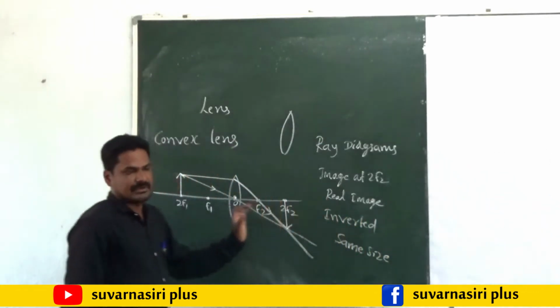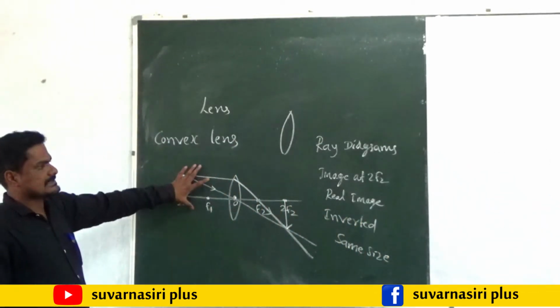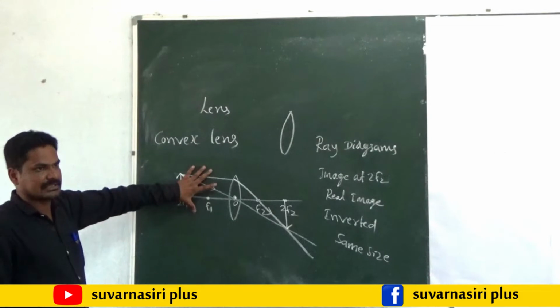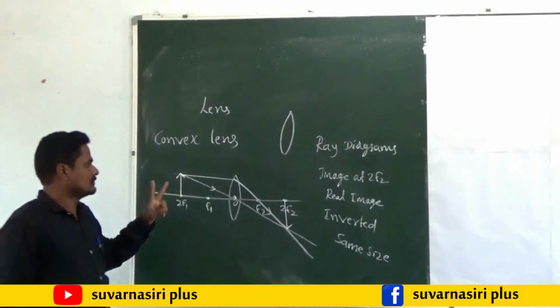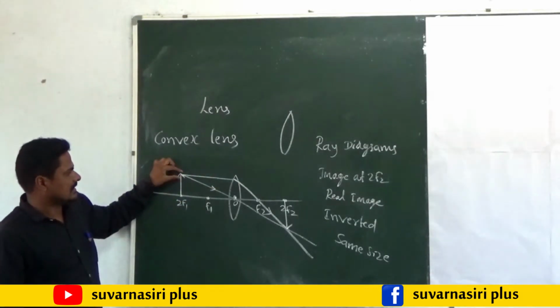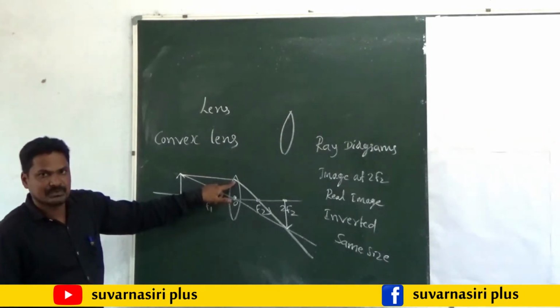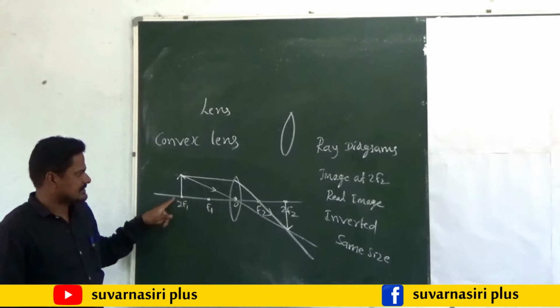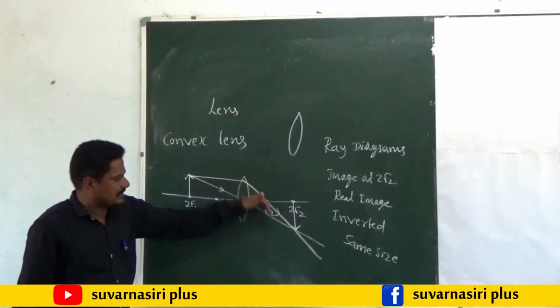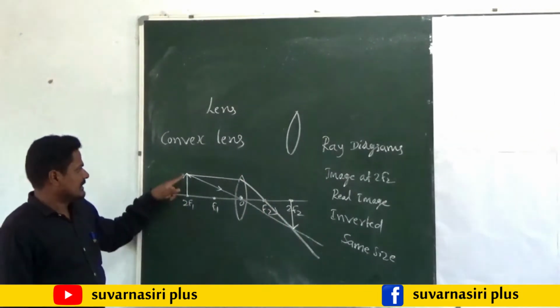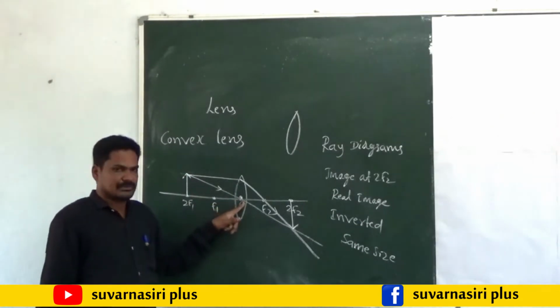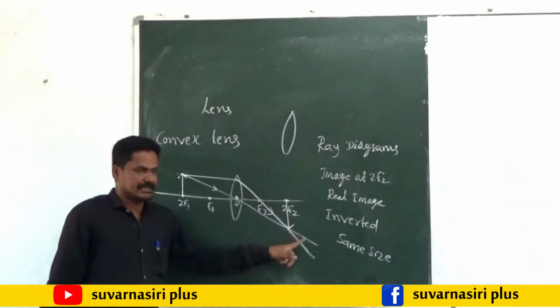Keep this in mind and practice all the ray diagrams using the rules. We should learn two rules. When a ray is parallel to the principal axis, after the lens it passes through F2. A ray passing through the optic center is not deviated and moves straight.